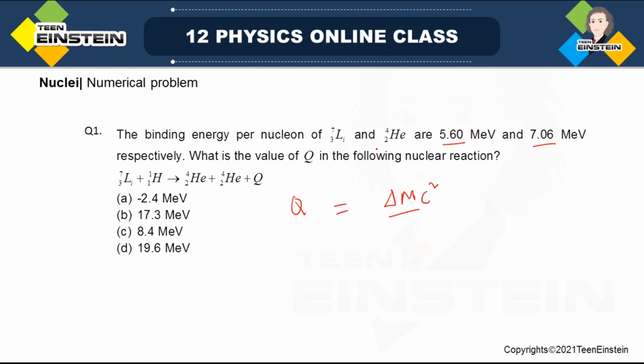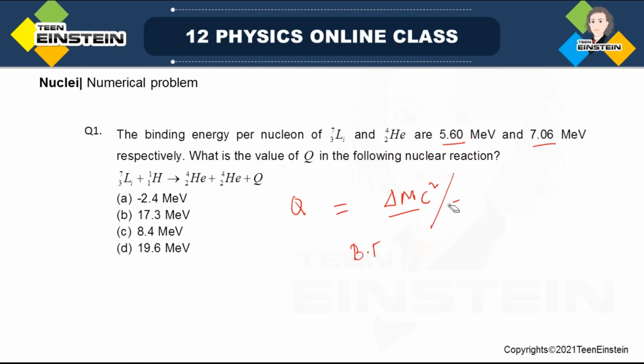So here already you can see the binding energy per nucleon. What is binding energy per nucleon? Suppose this is binding energy, and binding energy per nucleon means it is divided by the mass number. Actually, this is given as Q value. This is not binding energy, this is Q value.